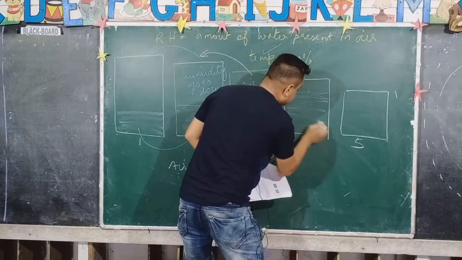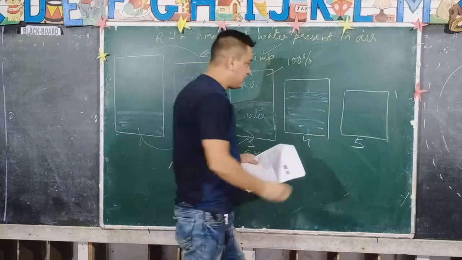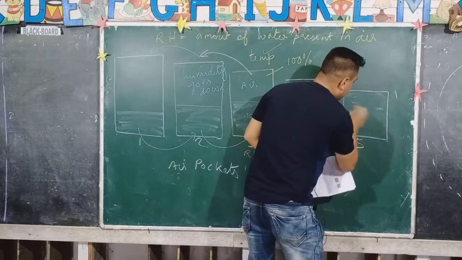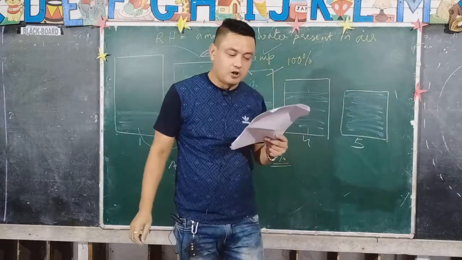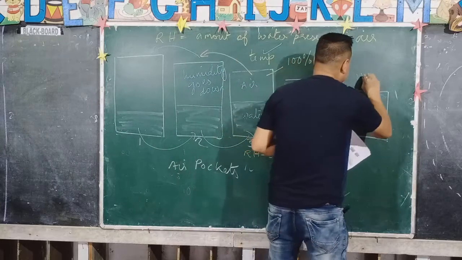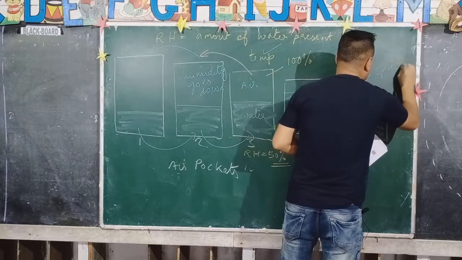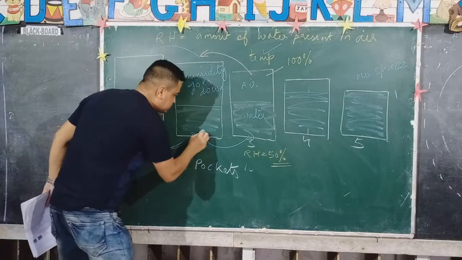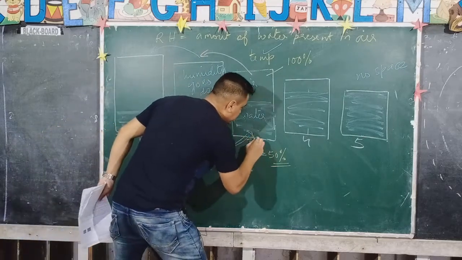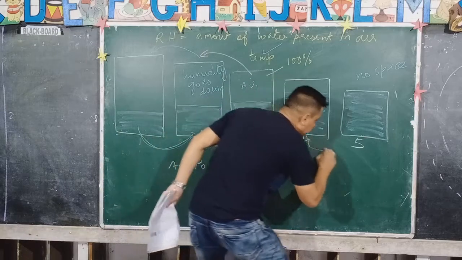It will rise. Then in pocket 5 you will find it has filled all the spaces, and there is no space here. As we cool down this air pocket from number 1 to 2, 2 to 3, 3 to 4, and 4 to 5.